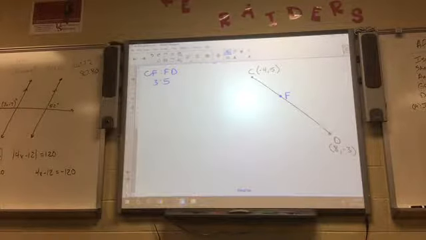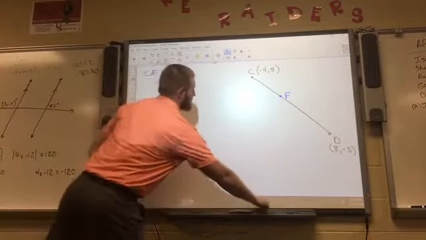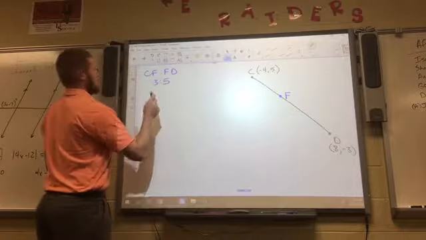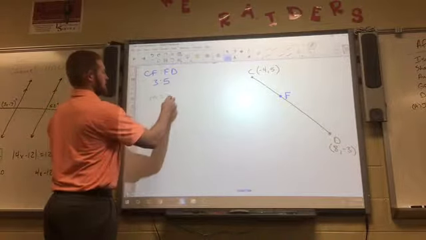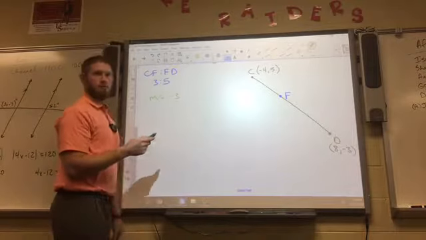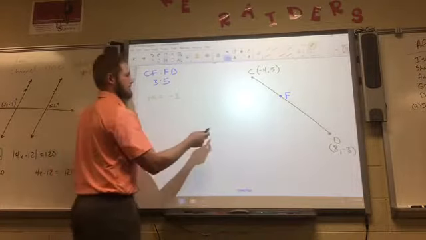Dylan, do you remember the first step? Find my slope. Exactly. So, find our slope. So, y2 is negative 3. Could I use 5 if I wanted to? Yeah, you can flip them around. It doesn't really matter.